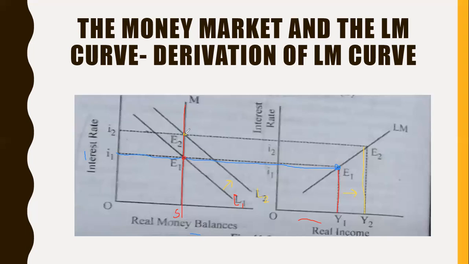Accordingly, E2 becomes point of equilibrium. With E2 equilibrium, I2 is new rate of interest. I state this also in panel B. With Y2 income and I2 as new interest, we arrive at new point, a common point of both E2.